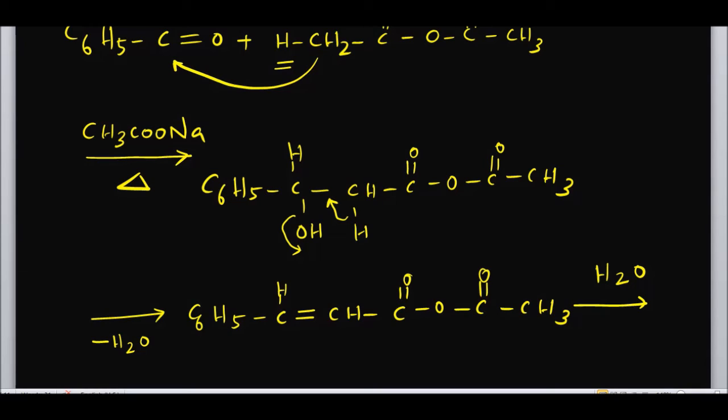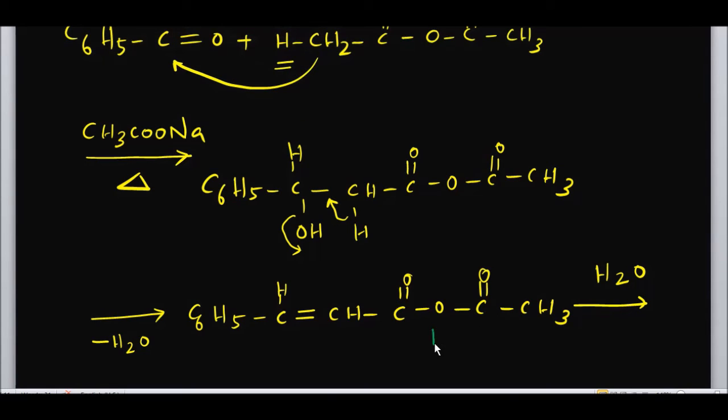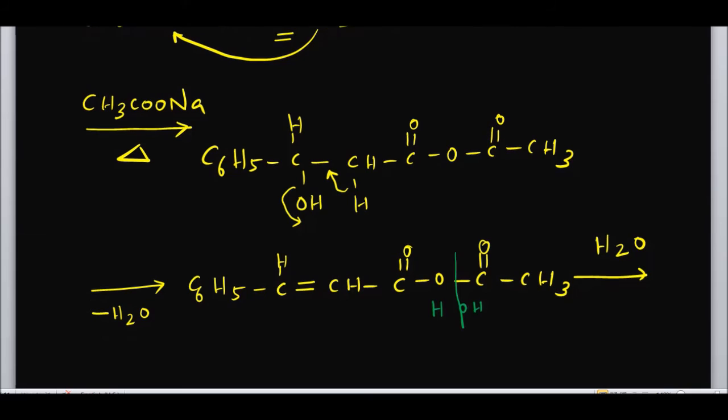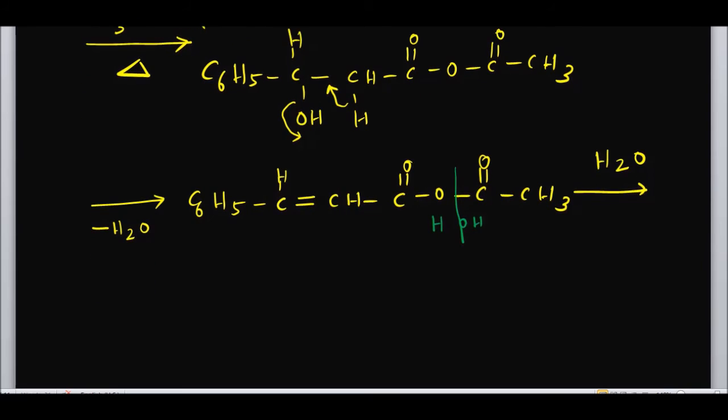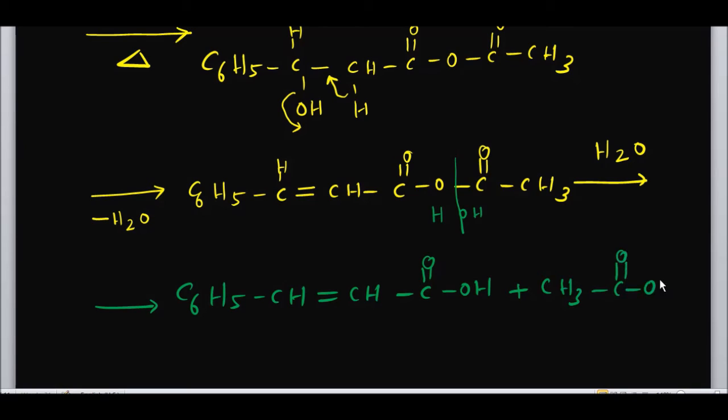The water can be written as HOH. It undergoes hydrolysis. Due to this hydrolysis, the result is C6H5CH double bond CH, C double bond OH, plus CH3, C double bond OH.